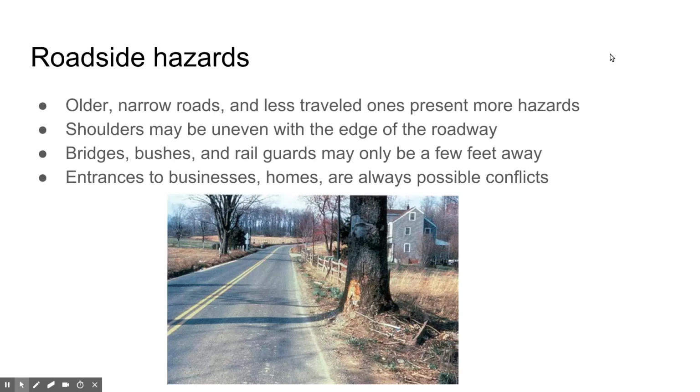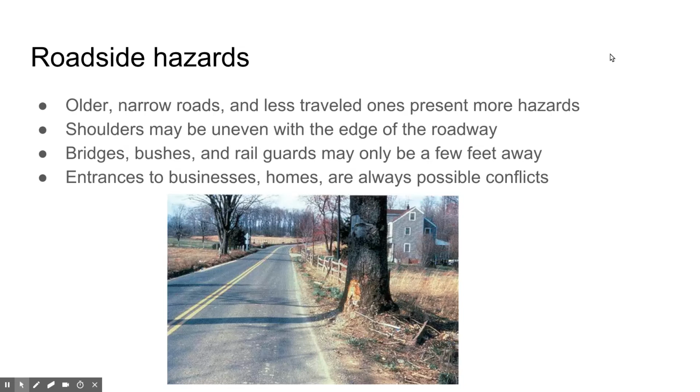So when we look at the hazards on our roads, they're almost everywhere. Okay, and they're usually old roads that we drive on, so they're not up to date with all the barriers, the shoulders, and so on. So just kind of understand that shoulders may be uneven. Okay, when you go off the road, it might be a drop of 3-4 inches.